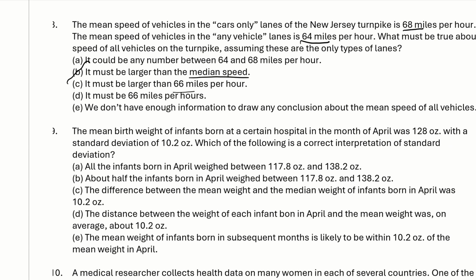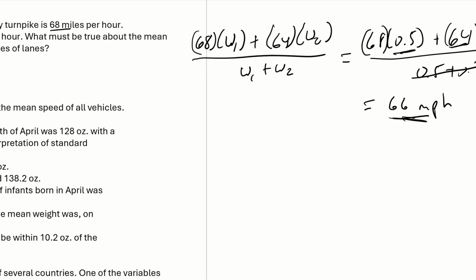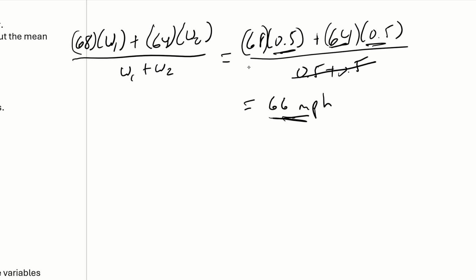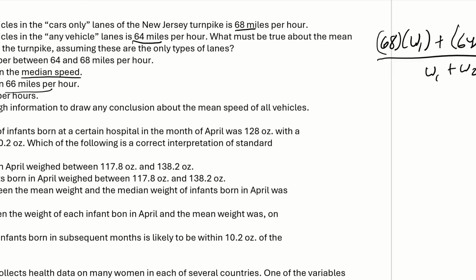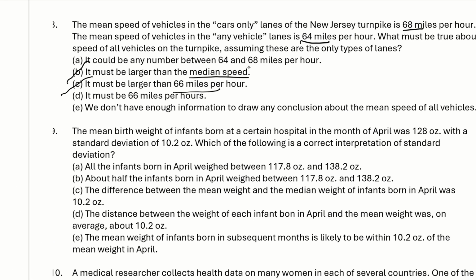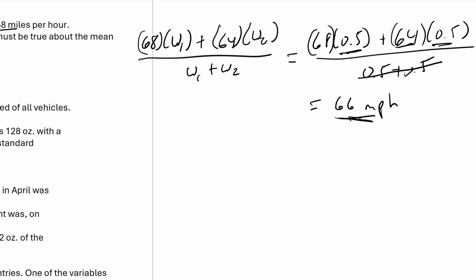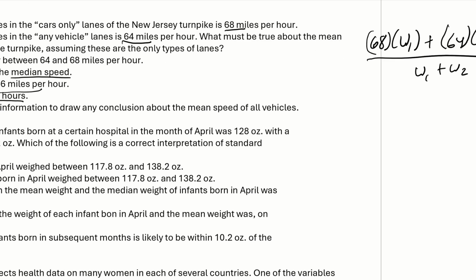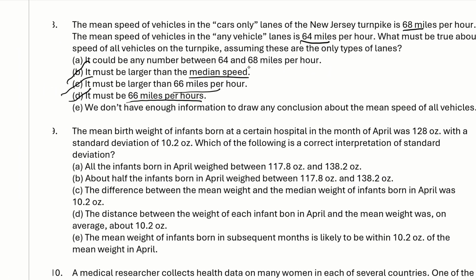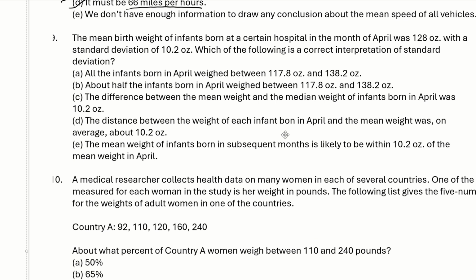It must be larger than 66. Again, we don't know how many traveled, right? If it was larger than 66, then there might be more than 50% here, but they don't tell us that information. It must be 66 miles per hour. That's incorrect because, again, we don't know that it's 50% on each side, right? And so the answer has to be A. It has to be between 64 and 68, depending on what percentage are in each lane.